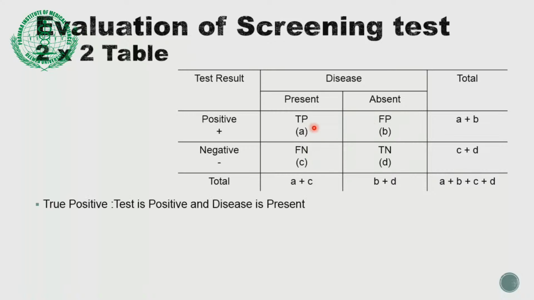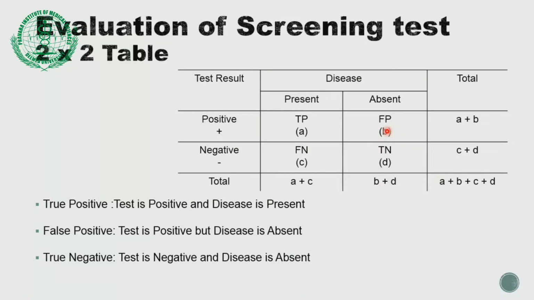The first one, which is labeled as A, is true positive. Test is positive and disease is also present. Second one is false positive, where test is positive but the disease is actually not present.